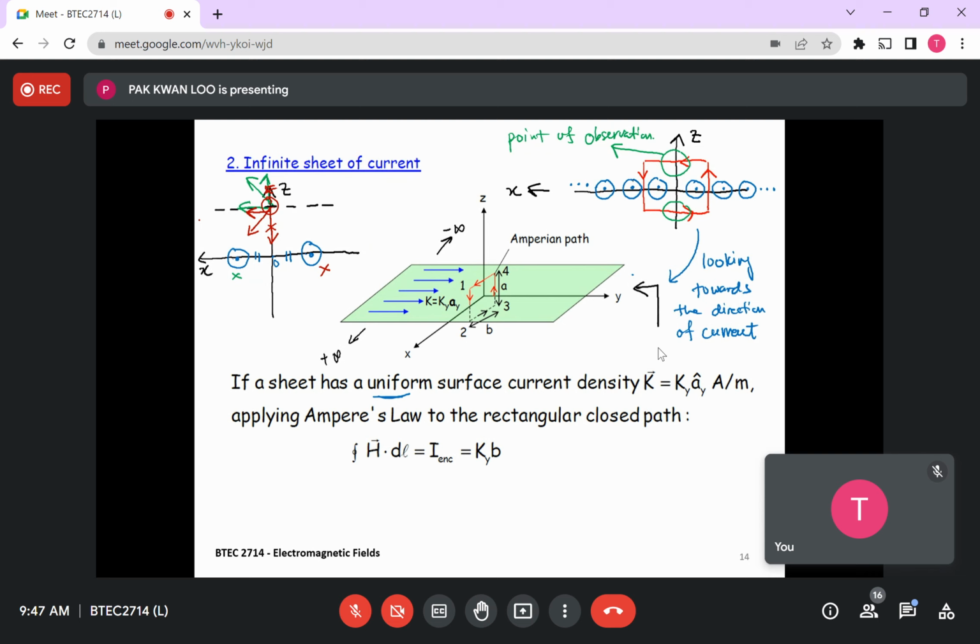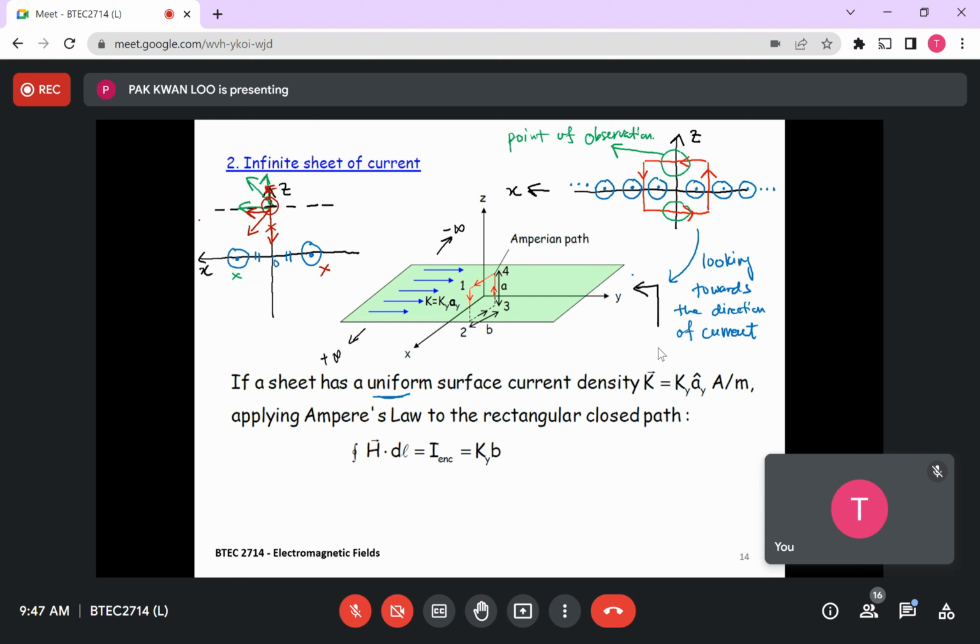So we don't choose this type of point. Normally we will choose around the center of the surface current. I will always repeat this: the surface is never infinite.